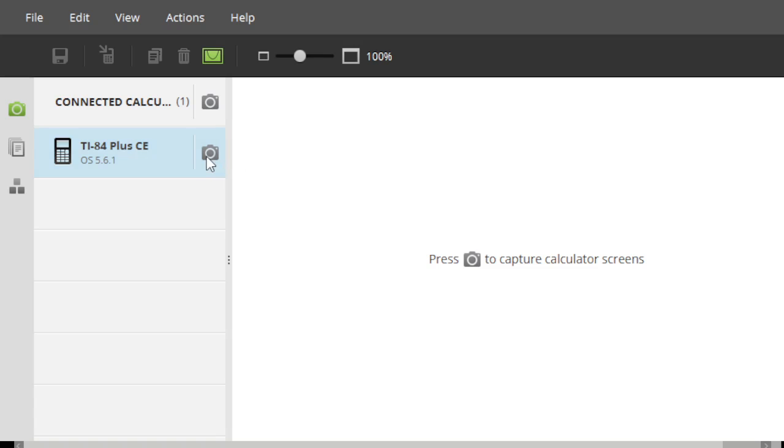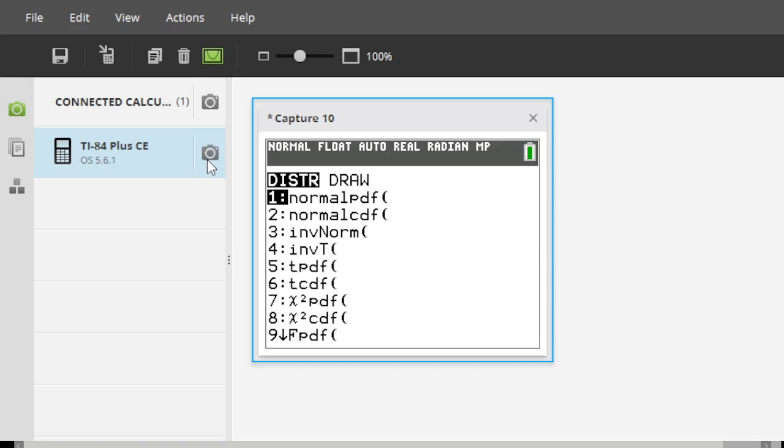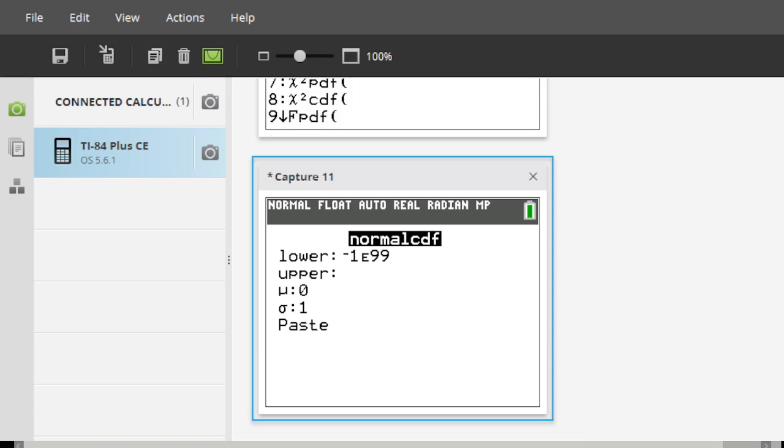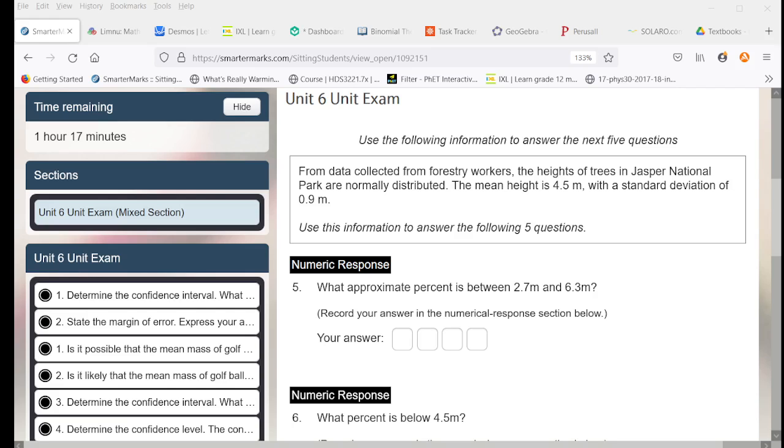And in this case, first we open our distribution menu, and we want our normal CDF, since it's a continuous function. Now we're asking what percentage is between 2.7 and 6.3 meters. So our low is 2.7, and the upper limit is 6.3.